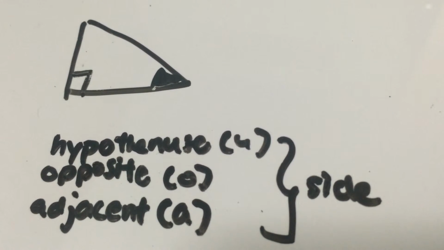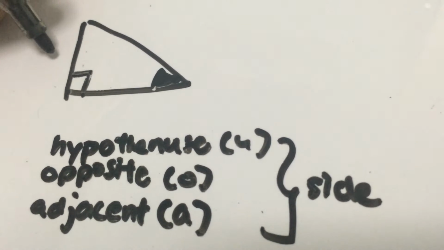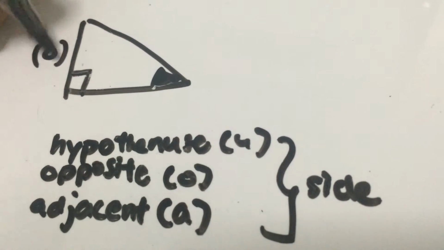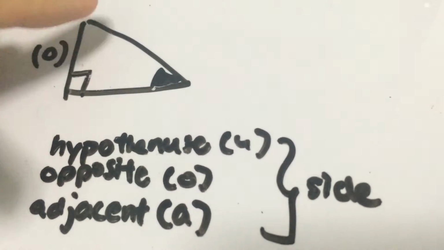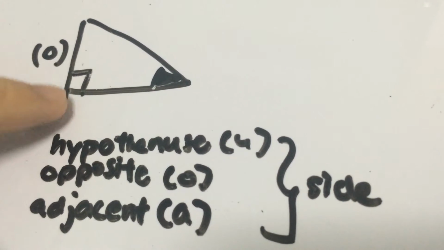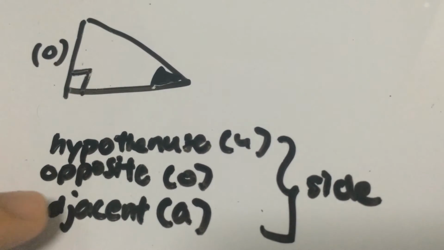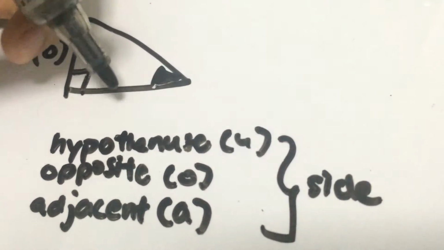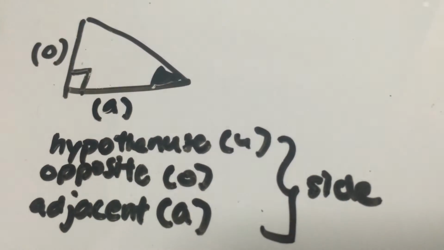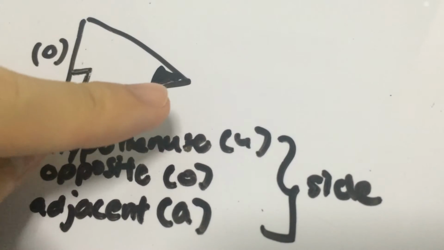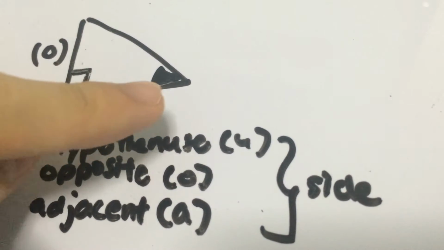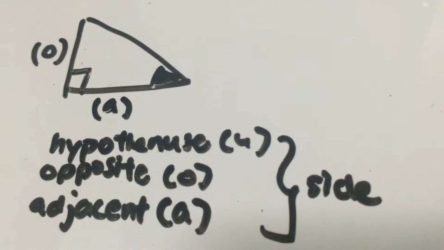Where is my opposite side? The opposite side will definitely be here. So this will be the opposite side. Why? Because this side is opposite the angle. That's why I call it the opposite side. Then this will be the adjacent side. Why? Because this is not opposite of the angle, and it's not the longer side.